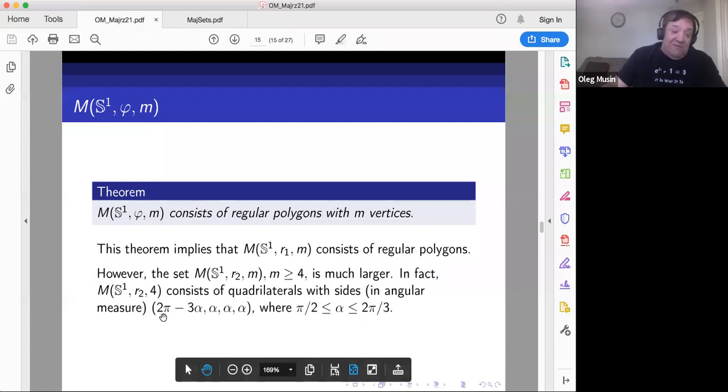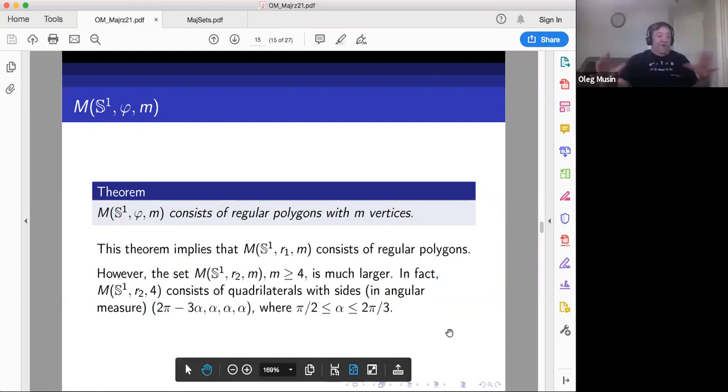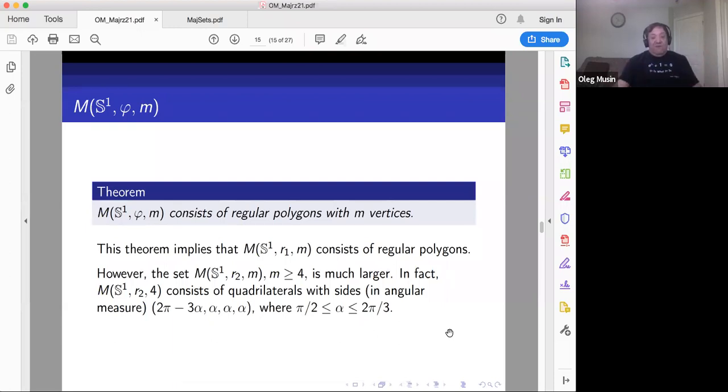Here we have a one-parametric family of solutions, and here you can see the angles: 2 pi minus 3 alpha, alpha, alpha, alpha, 3 alpha, with alpha between 90 degrees and 120 degrees. So we already have something, right? Even for the case of 4 points, we have a one-parametric family.